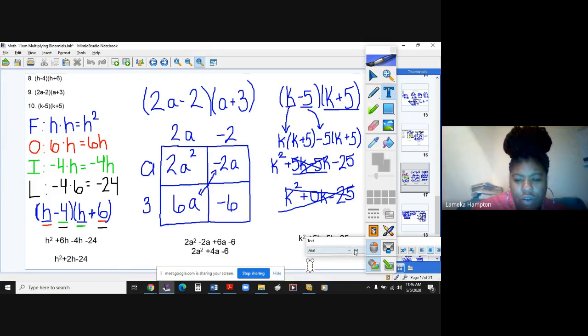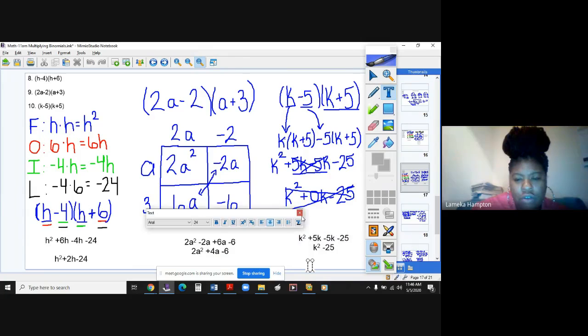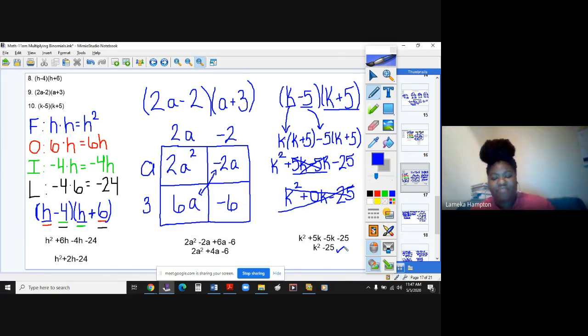All right. So that would be my final answer for this one. K squared minus 25. That would be my answer for that. Okay. So we just finished up those practice problems from Thursday's assignment. We had to break it down into 2 days because, again, I want to make sure that you understand how each method works.